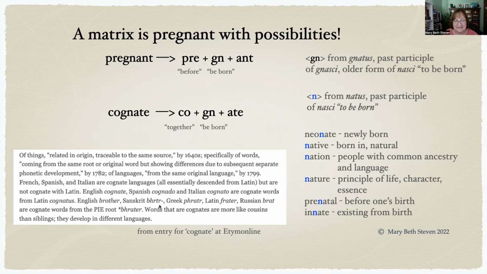It's okay. Greek, phrater, Latin, frater, Russian, brat, perhaps. They are all cognate words, meaning they're all existing in different languages, and they all descend from the Proto-Indo-European root. And this is what that is.